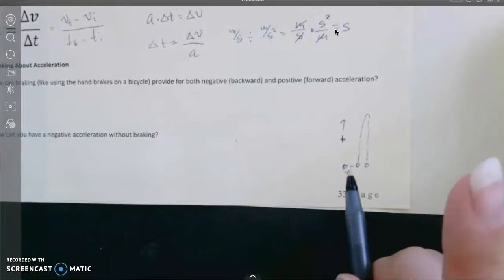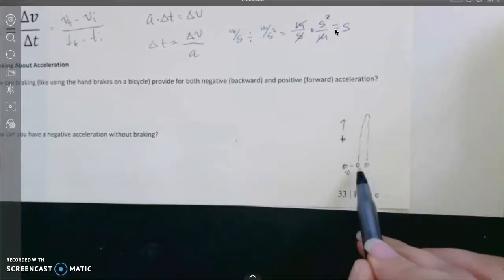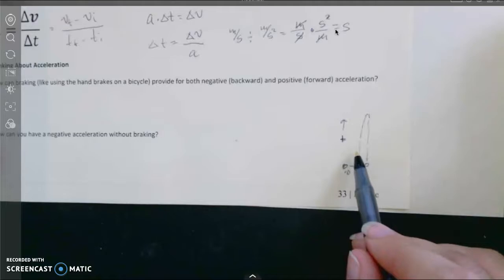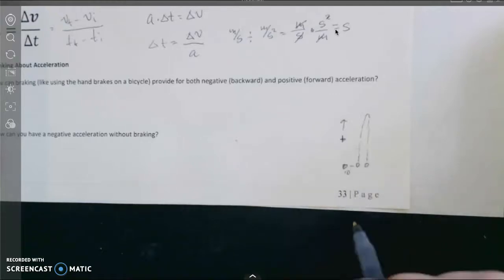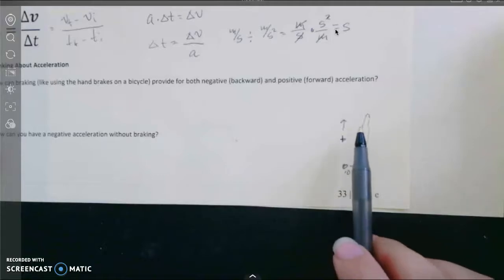So when I release this ball, I've thrown it into the air with some positive velocity, right? Because if it had a negative velocity, then it would have gone down, but it didn't, it went up. So our velocity here is positive.